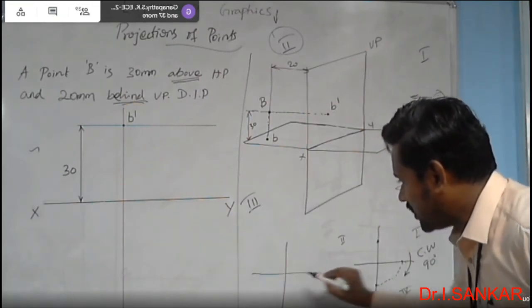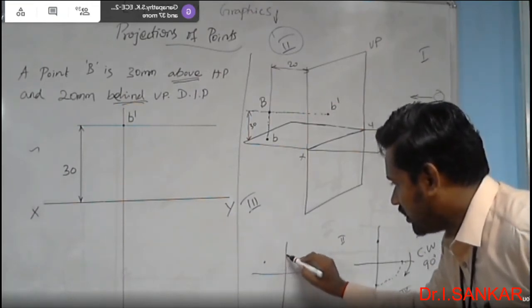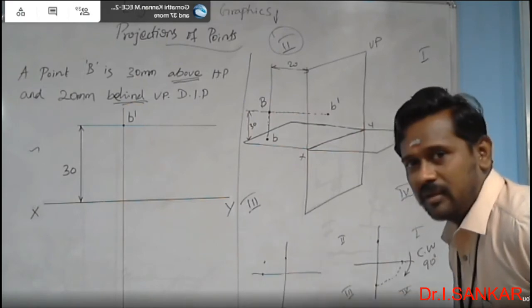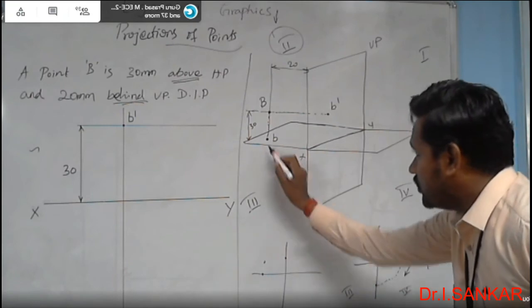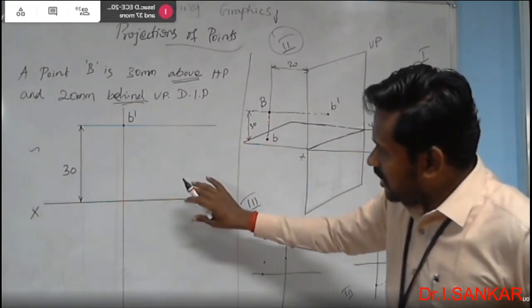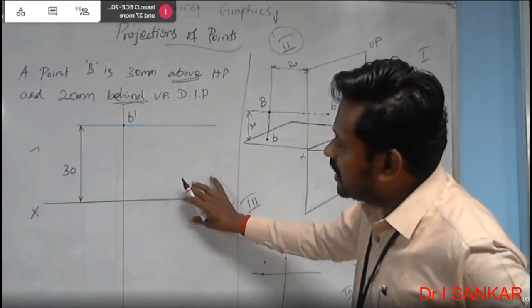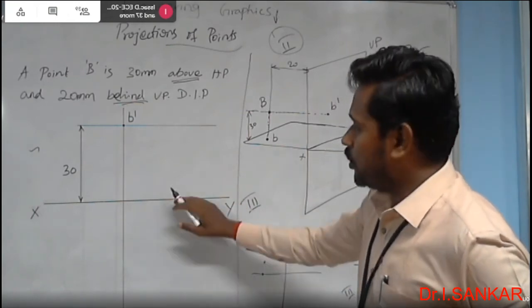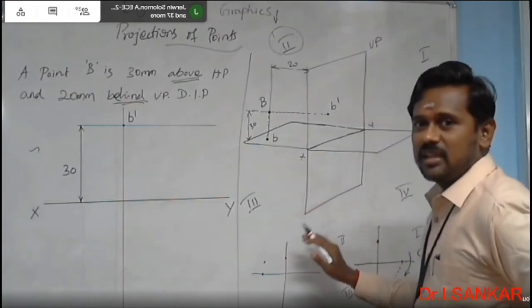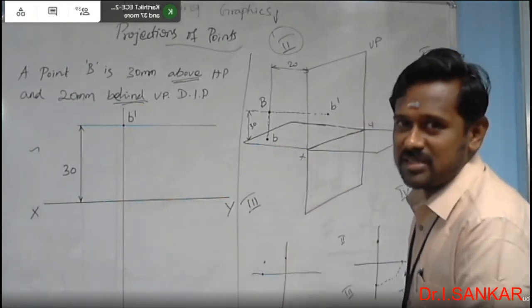Now the point is located in the second quadrant. We got the front view here and the top view there. Now the top view is behind the XY line. There is no way of doing anything behind XY in the paper. We can do only above XY or below XY. So we are doing the same task as in the last problem.